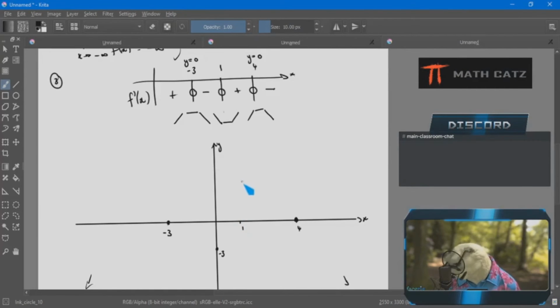Okay, so the step 3 information tells me that I'm making a little crest as I pass through -3. At 1, don't know, I'm making a little cup, which if I'm going to go down through this y-intercept, it's going to have to sit below it.